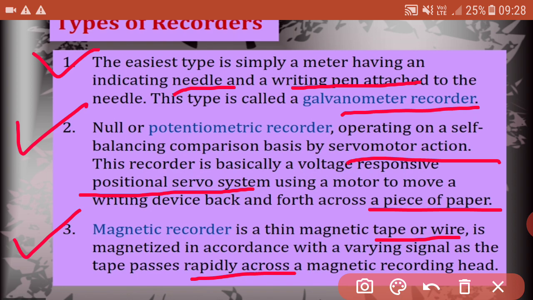What is the principle? A thin magnetic tape or wire is magnetized in accordance with a varying signal as the tape passes rapidly across a magnetic recording head. Just like a cassette player, cassette tapes in the 90s, we have already seen this type of cassette tape. So this is nothing but an example of magnetic tape.